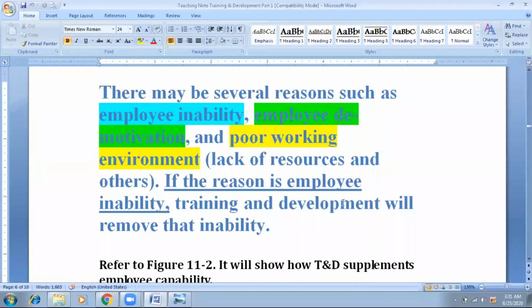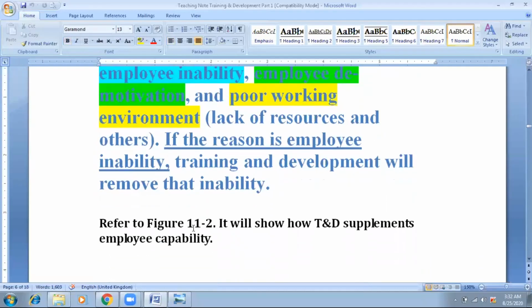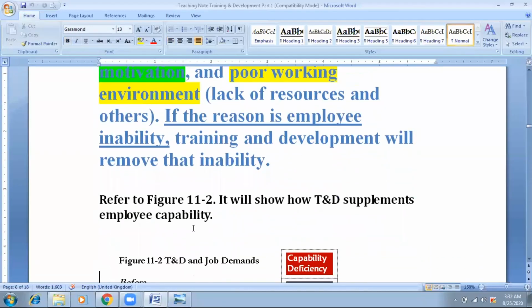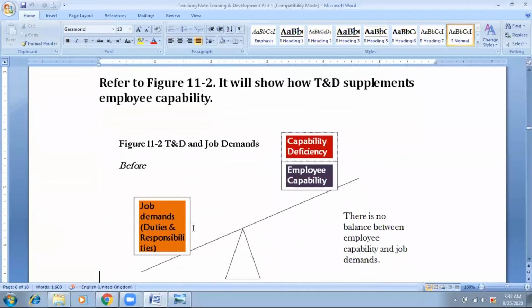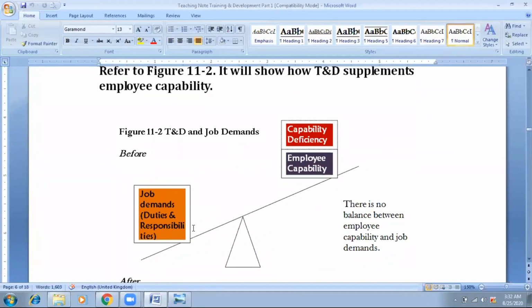Right. So if the reason is employee inability, training and development will remove that inability. So refer to this figure. It will show how T&D supplements employee capability. Have a serious look. T&D and job demands.